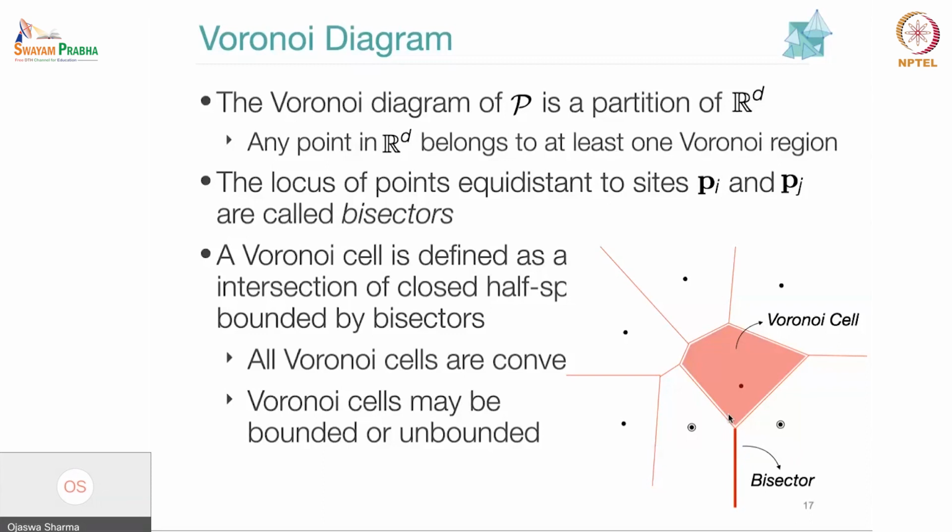Anybody? All the vertices of a Voronoi cell can be considered to be equidistant from the particular Voronoi point assigned to it, we can say. Yes, but what does this tell about convexity?